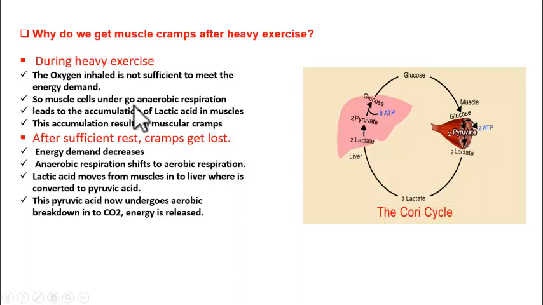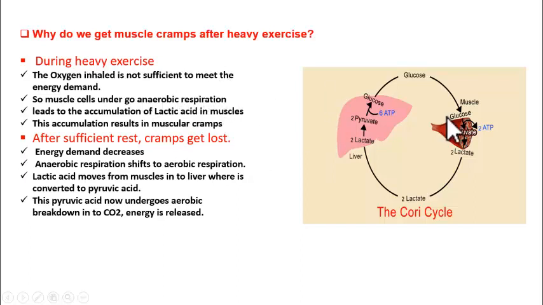So these muscle cells then undergo anaerobic respiration because there is less oxygen now. Though we are inhaling, it is insufficient because glucose is burning at a high rate.